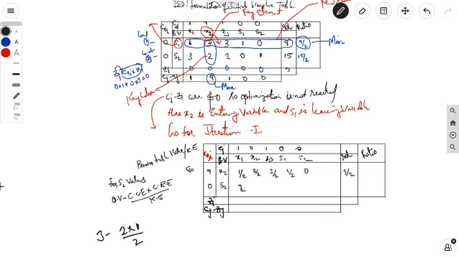Old value is 2. 2 minus corresponding column element 2, corresponding row element 2, key element is 2. So this is 2 minus 2, nothing but 0. Okay, look at this value. Next value, old value is 2 minus corresponding column element 2 into corresponding row element 3 by key element 2. 2 minus 3 is nothing but minus 1.